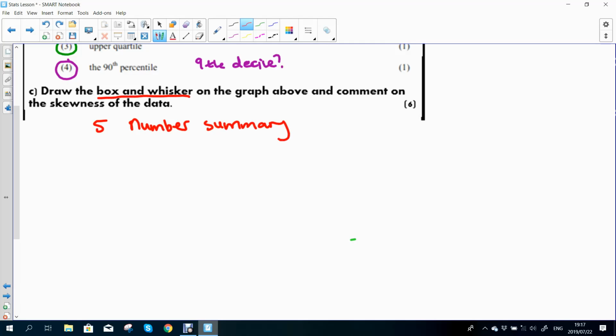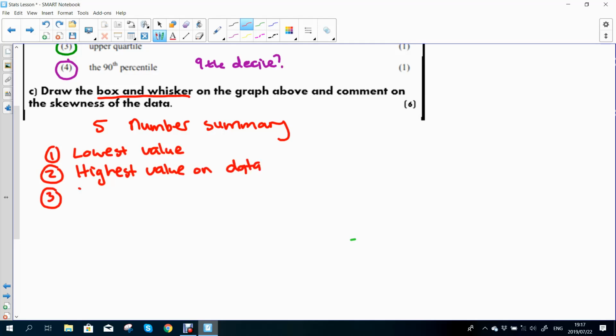And what are they? Firstly, it's the lowest value. What is the lowest value in your data set? Secondly, what is the highest value on your data set? Then the third thing that you need is quartile 1. Then you need quartile 2, which is also called the median.